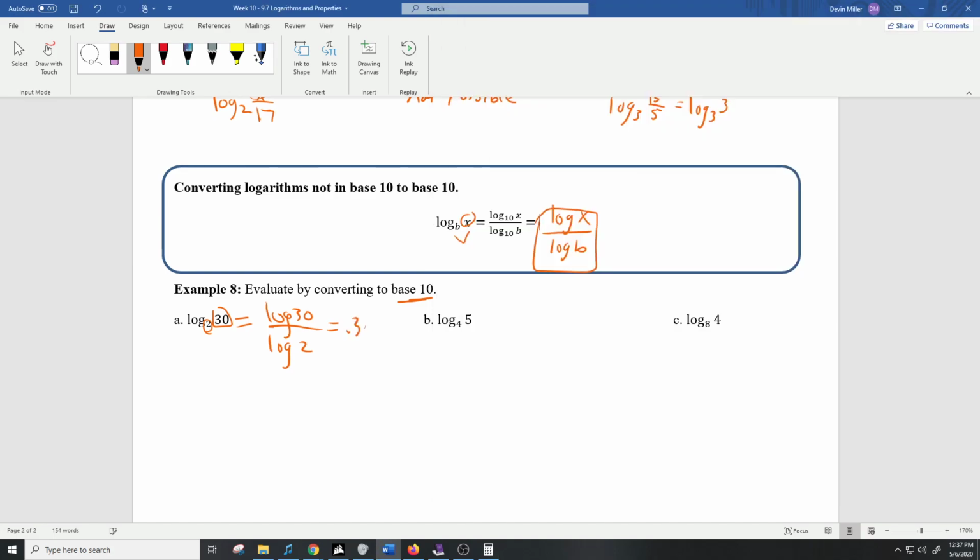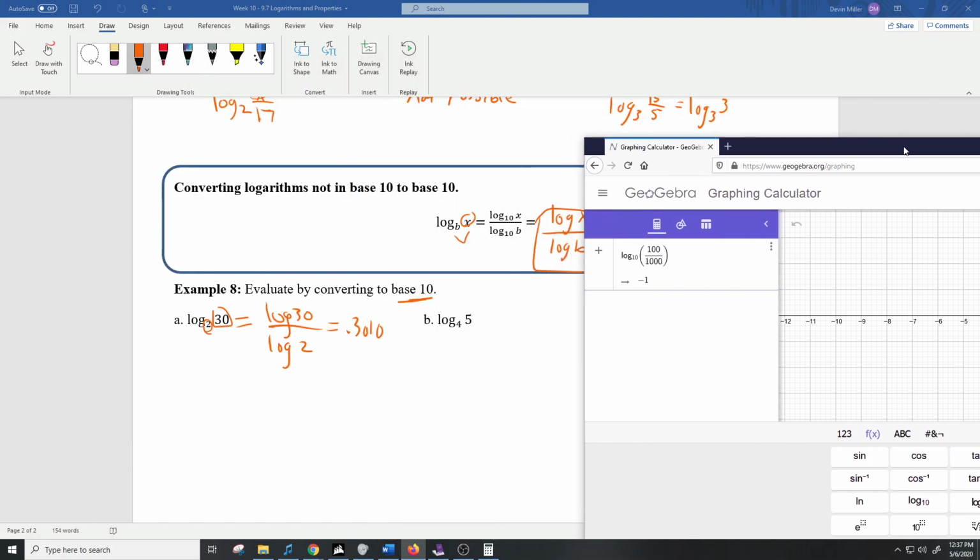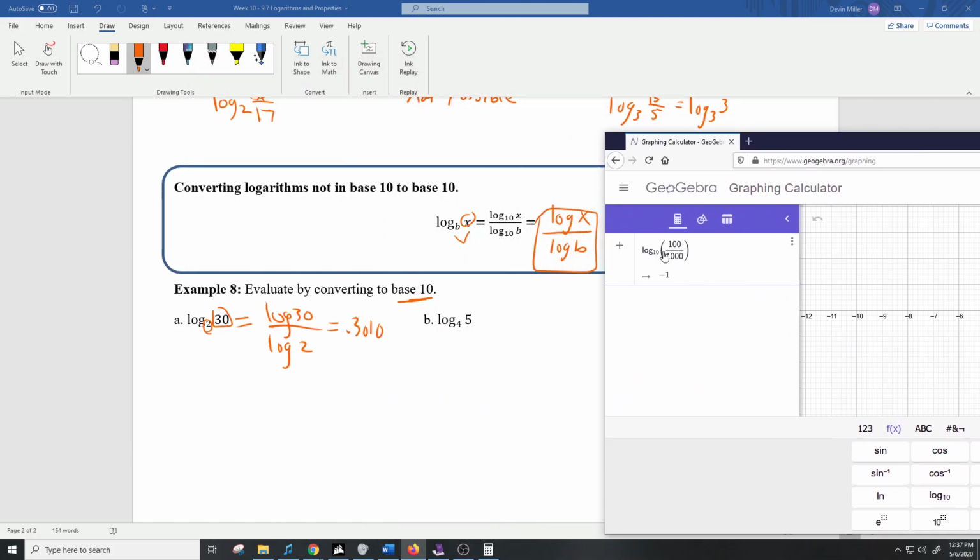So 0.3010. I'm going to check that in the GeoGebra site. So we're going to change this to 2 in here, and then we'll change this to 30. And the bottom is also 2. Oh, wait, we want this to be 10. That's right. It's log base 10.